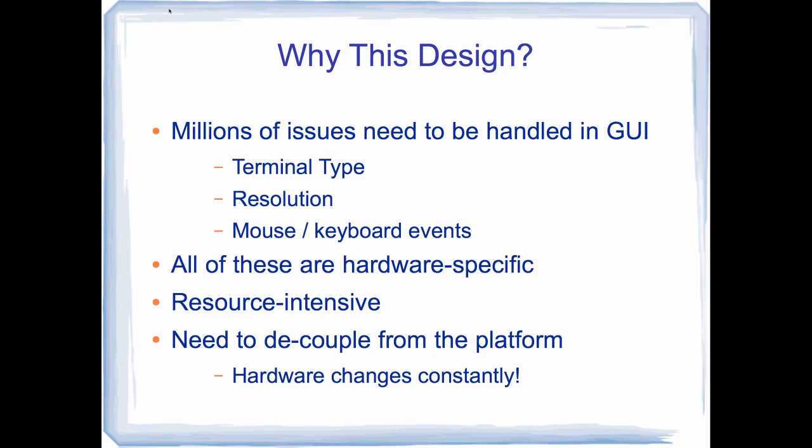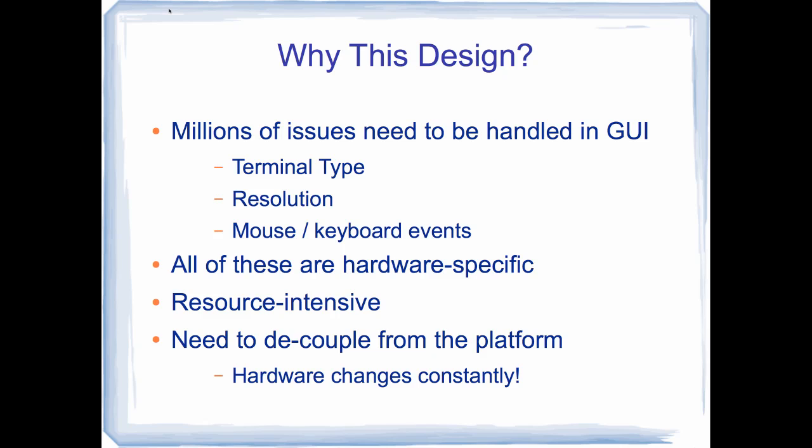All of these things are hardware, and all this stuff is going to change. So the last point on this slide is that we really need to have an architecture that decouples as much as humanly possible from the platform, because the hardware changes constantly.